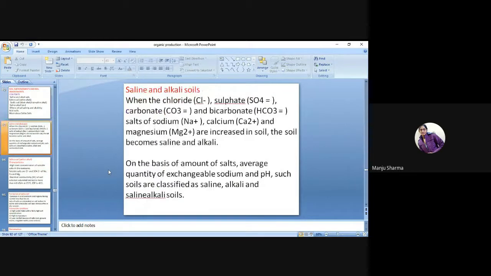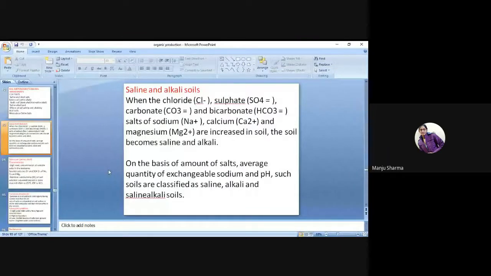So there are saline and alkali soils when the chloride, sulfate, carbonate, and bicarbonate salts of sodium, that is Na+, calcium Ca2+, and magnesium are increased in soil, then the soil becomes saline and alkali.